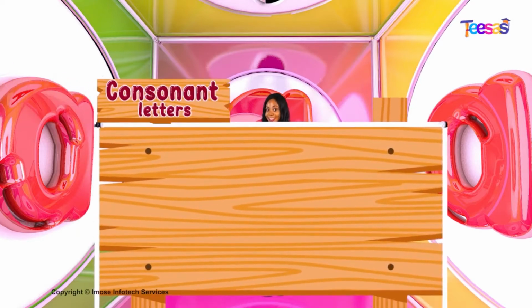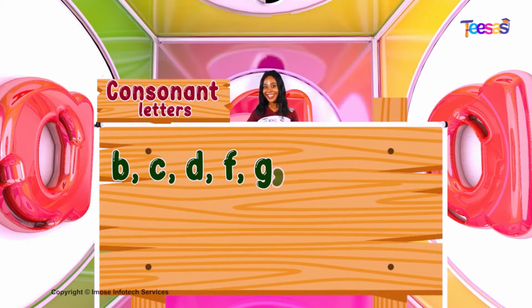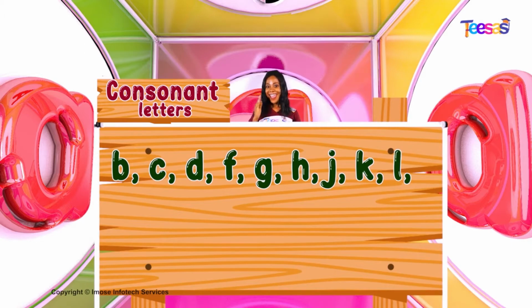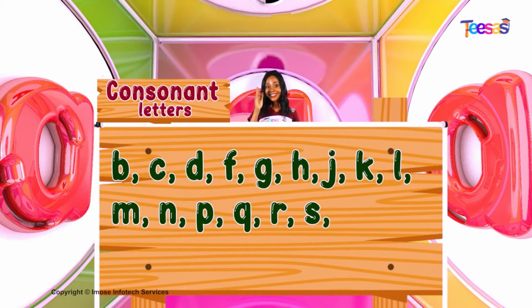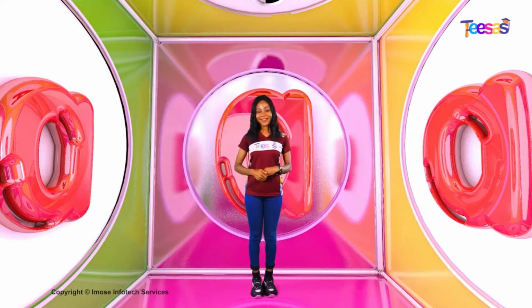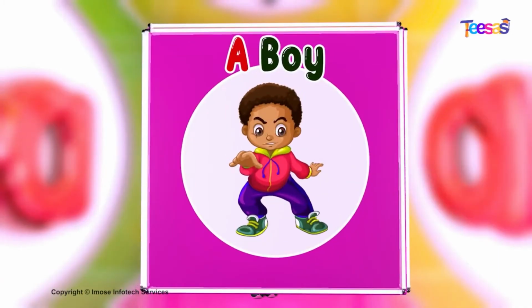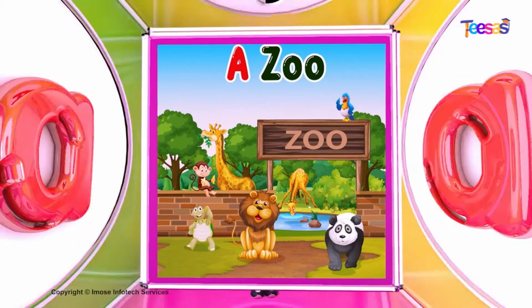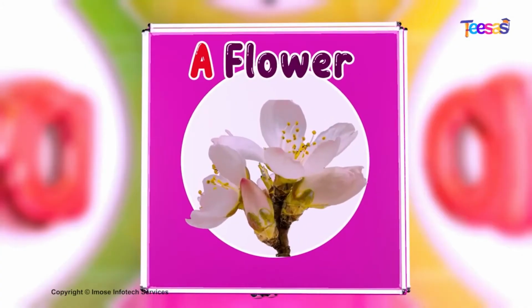These are examples of consonant letters: B, C, D, F, G, H, J, K, L, M, N, P, Q, R, S, T, V, W, X, Y, and Z. Examples are a boy, a zoo, a tiger, and a flower.